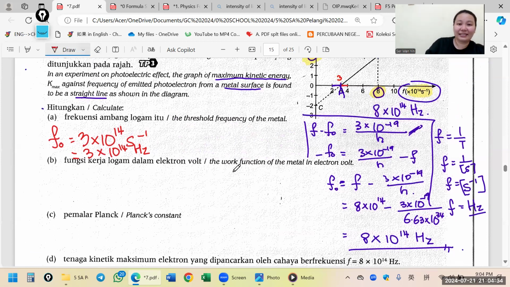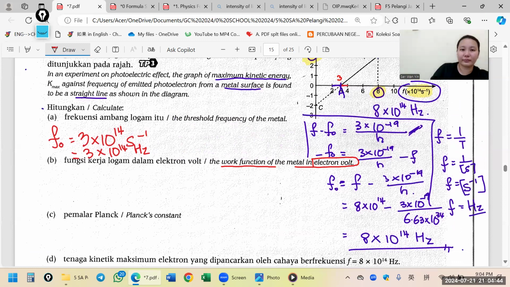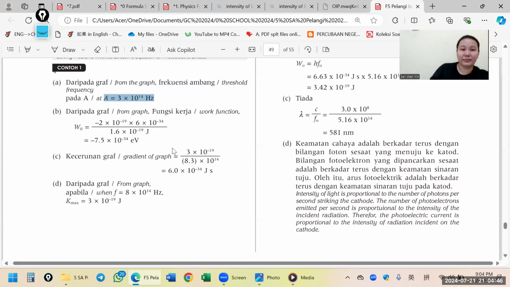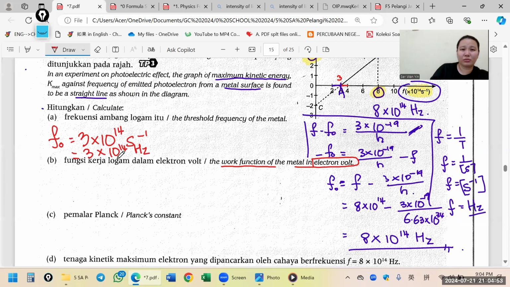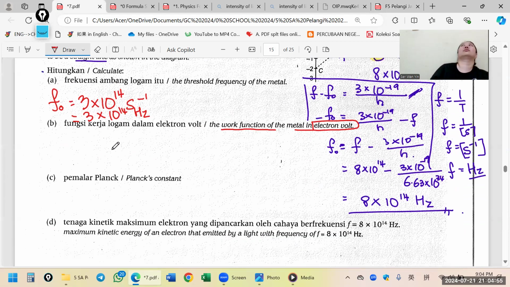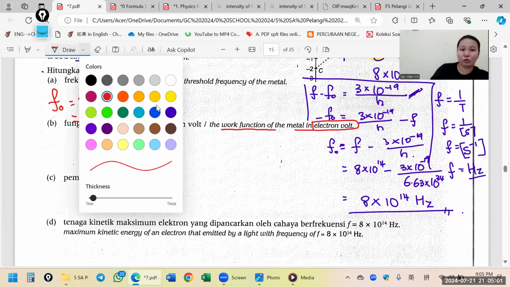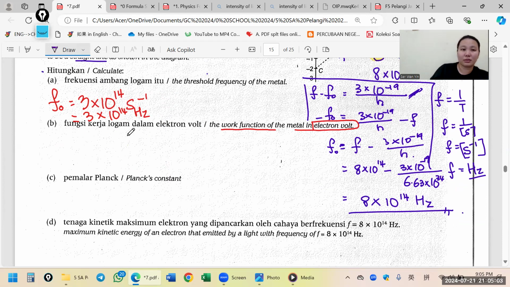Then, work function of the metal in electron volts. It's eV. So let's see. Maybe we do the work function in joules first.